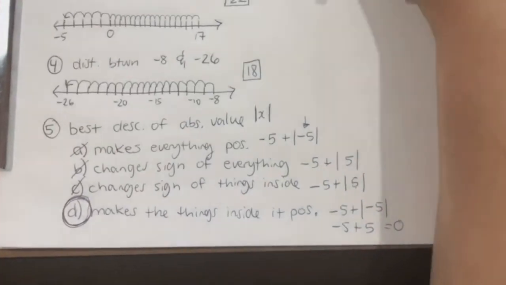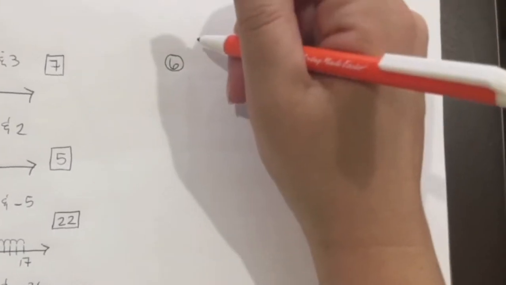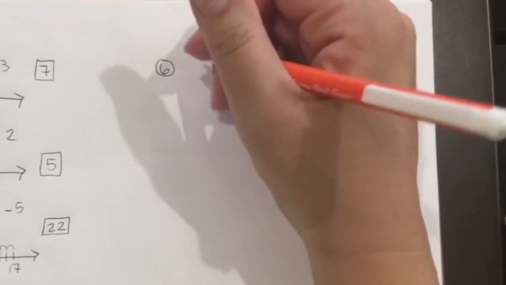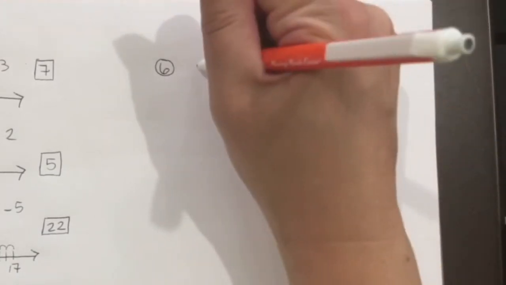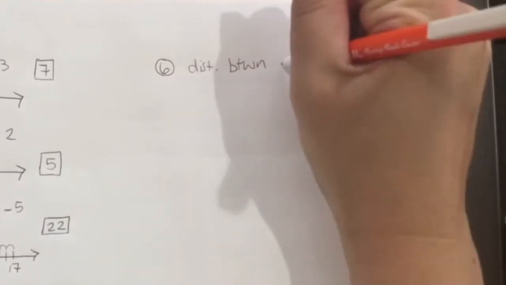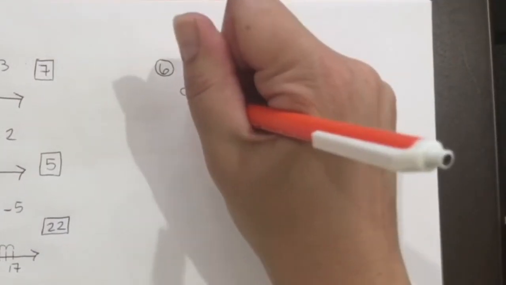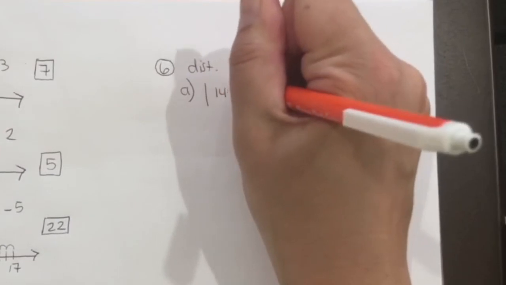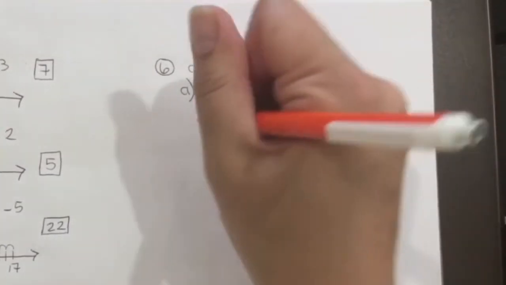All right, number 6. Which absolute value represents the distance between 14 and -3? So we've got some options again. A is the absolute value of 14 minus the absolute value of 3.